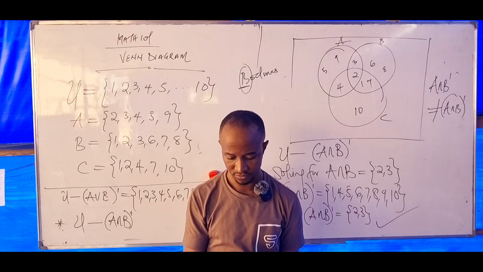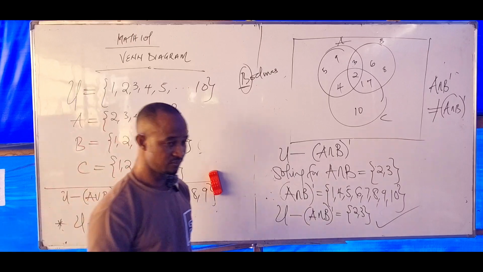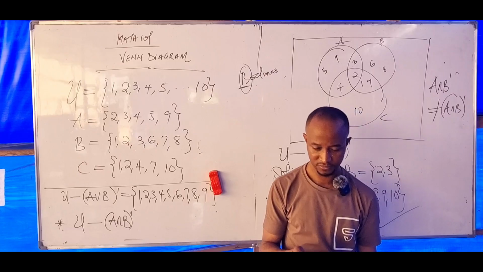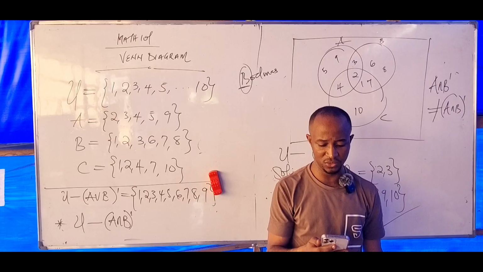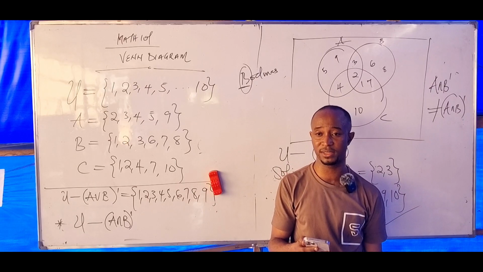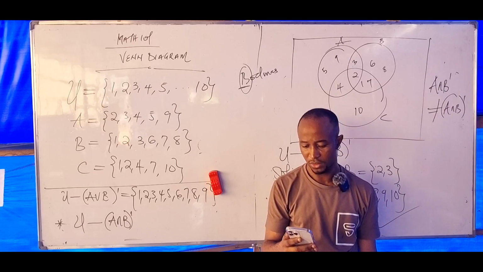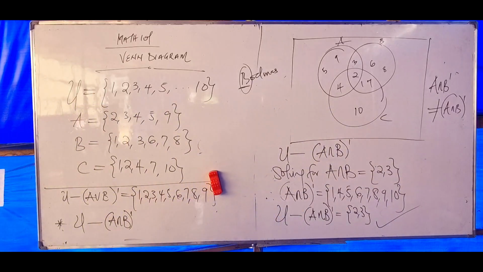If 16 students do physics, 18 students do biology, and 3 do none of the courses, how many students offer both?